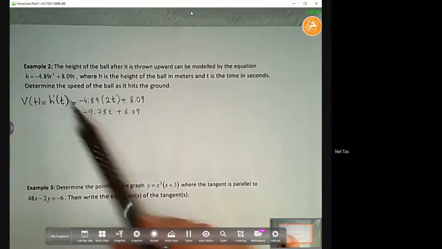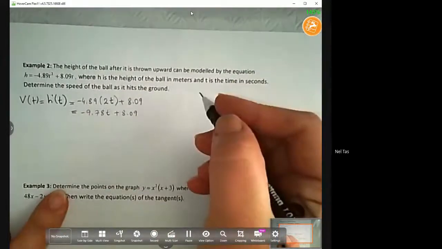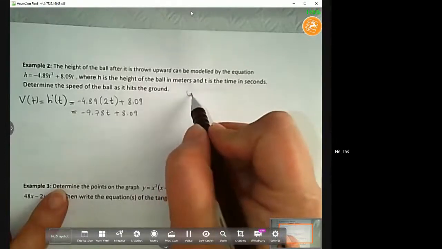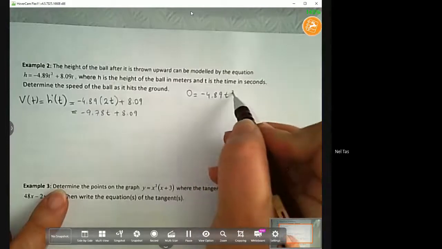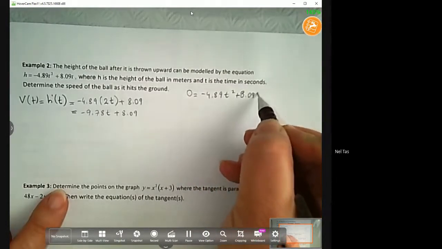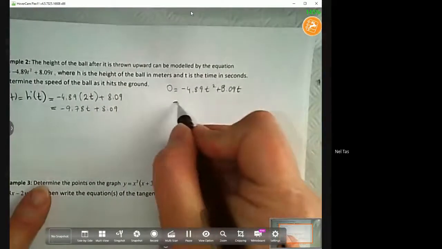So that means when it hits the ground, the height is 0. So we are going to substitute 0 for height and solve for t. So it looks like t is a common factor.